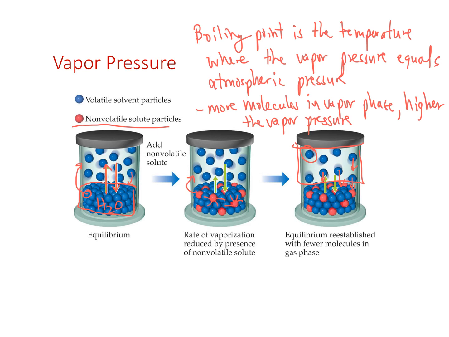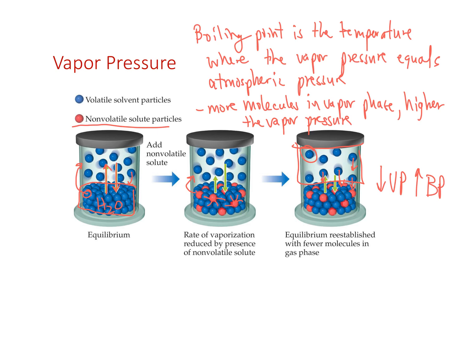And so what I've seen here is a decrease in the vapor pressure because I decrease the number of molecules in the vapor phase. And what that does is it increases the boiling point. Vapor pressure and boiling point are inversely related. So I've seen a decrease in vapor pressure, and that results in an increase in boiling point, because boiling point is the temperature where the vapor pressure equals the atmospheric pressure.